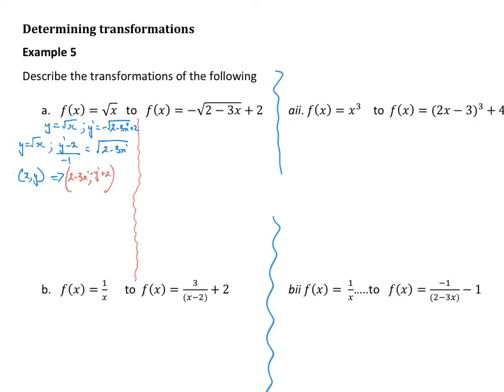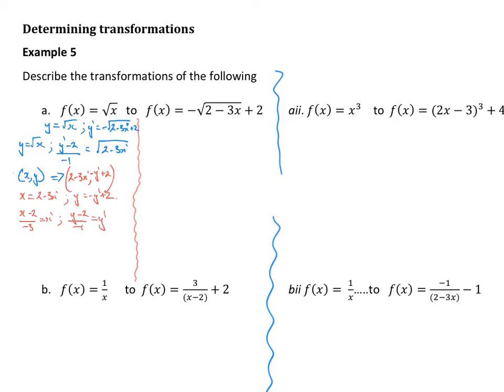Okay, so now I can equate, I'll leave it all in red, so x is equal to 2 minus 3x dashed, y is equal to negative y dashed plus 2. So now if I transpose, I get x minus 2 over negative 3 equals x dashed, y minus 2 over negative 1 is equal to y dashed.